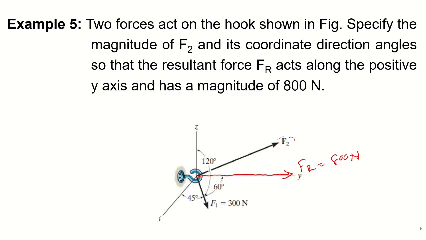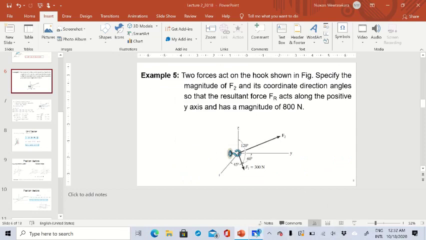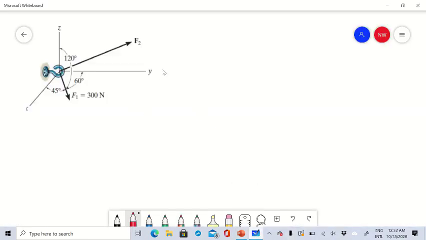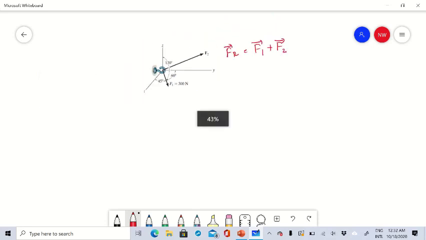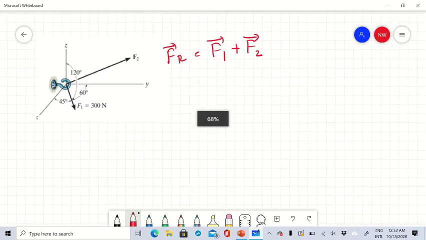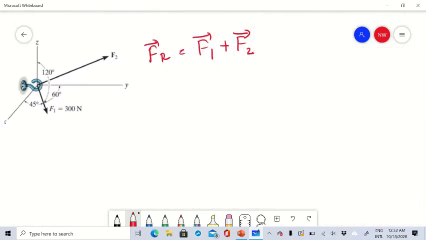We know the resultant force Fr is equal to the addition of F1 plus F2, right?